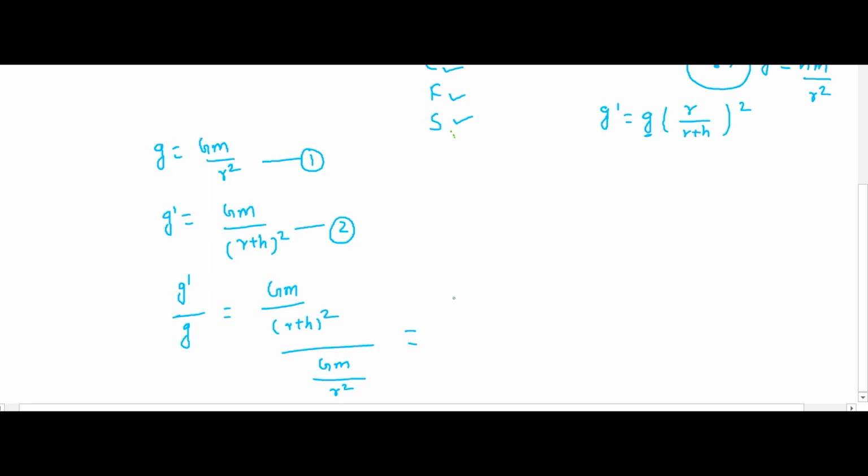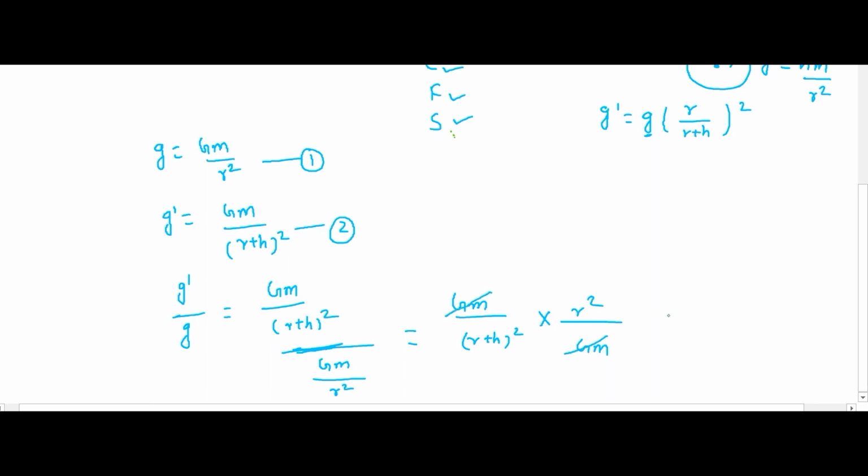So next step, GM by (r plus h) whole square into r square by GM, because it is division, so when we change into multiplication, it becomes the reciprocal, r square by GM.